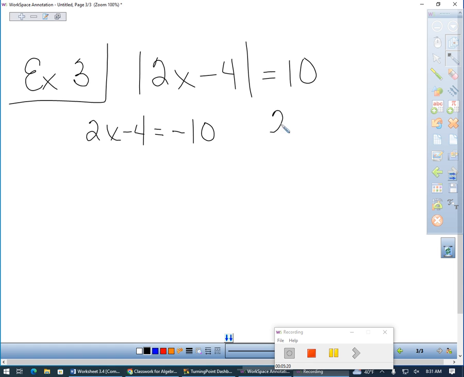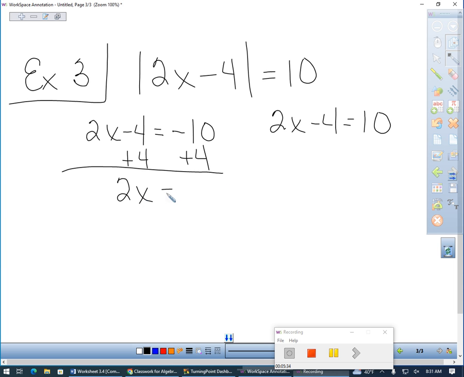And the second one, 2x minus 4 equals positive 10. Now we got to solve both of those little itty bitty equations. So I'm going to add 4 to both sides on my first one. I get 2x is equal to negative 6. Dividing both sides by 2, and x is equal to negative 3.